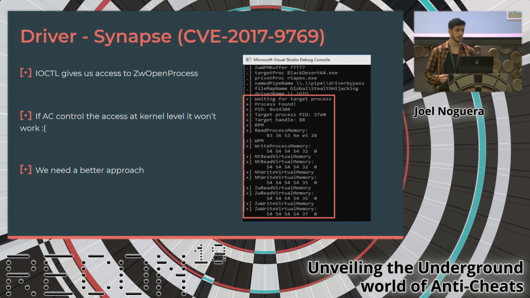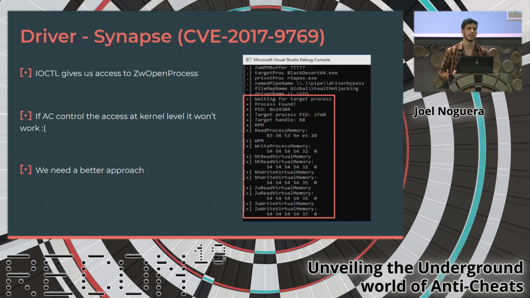So the first idea was to go for a vulnerable driver that would allow us to create a handle from kernel mode. I took a look at Synapse, which is the driver for the Razer mouse, had a CVE from 2 years ago, and I developed a small exploit to abuse this driver and call OpenProcess and get a handle from kernel mode, bypassing all the protections from user mode.